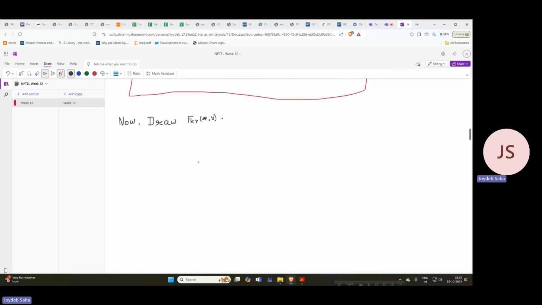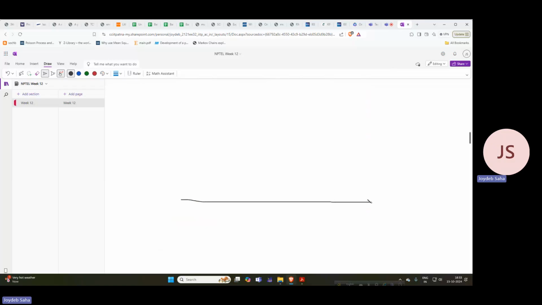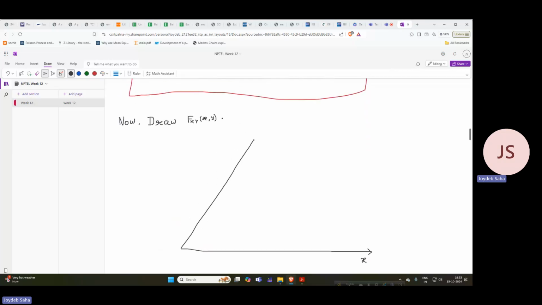Okay. So it will be in 3 dimension, right? So let us try to draw it. This is 1 dimension x. Okay. This is y dimension. Okay.